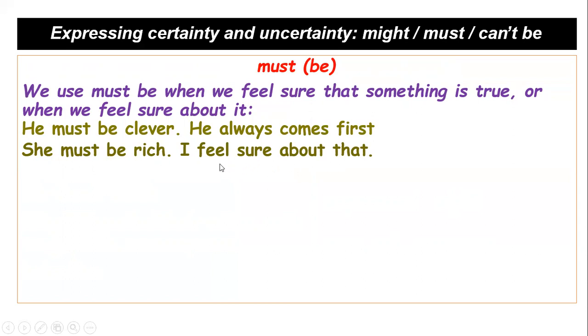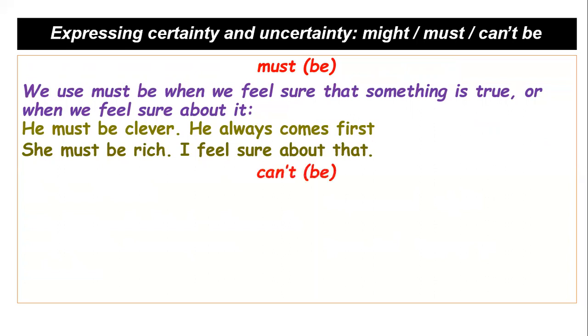Because you are sure about that, we use must. She must be rich. I feel sure about that. So we use must be when we are sure that something is true.